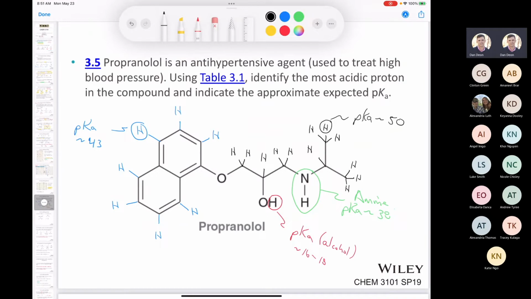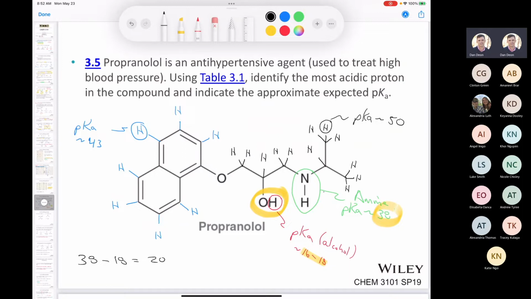And therefore, the answer is that this proton here would be the most acidic proton in the molecule. It's got the lowest pKa by far. You see that nothing comes even close to this. The closest thing to it is the amine, which is 38. If you take 38 and you subtract 18, you get 20.